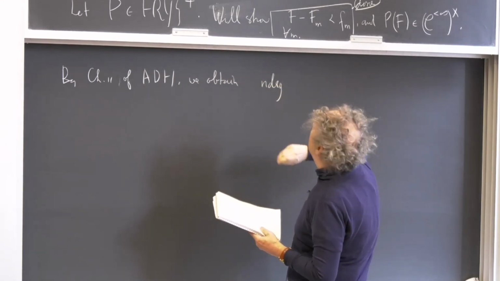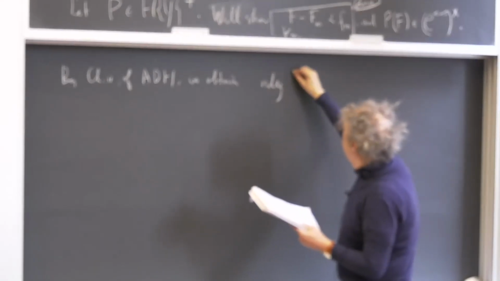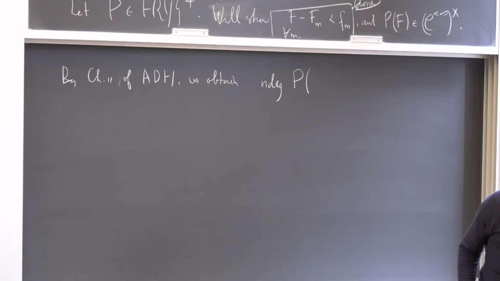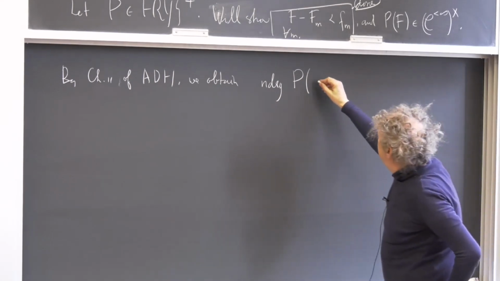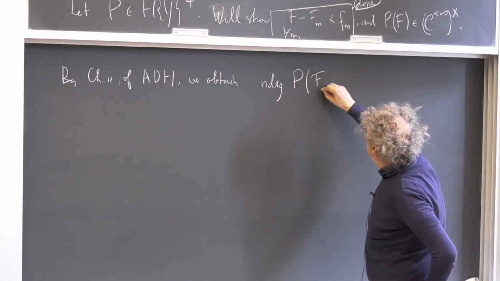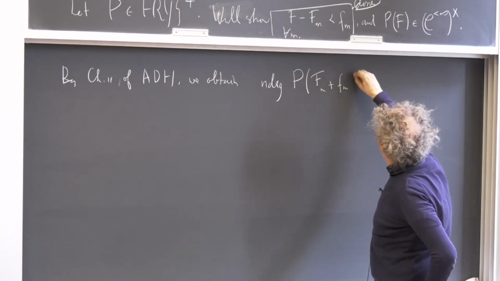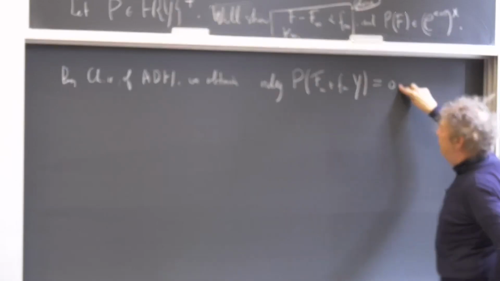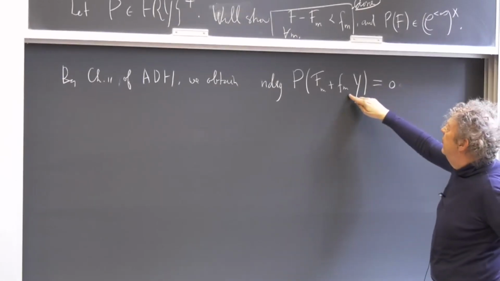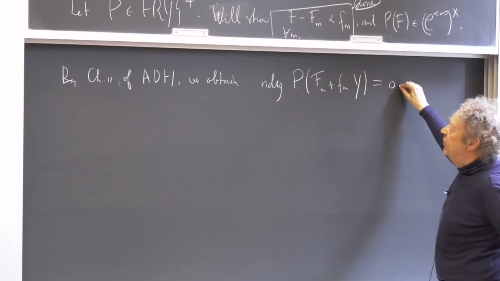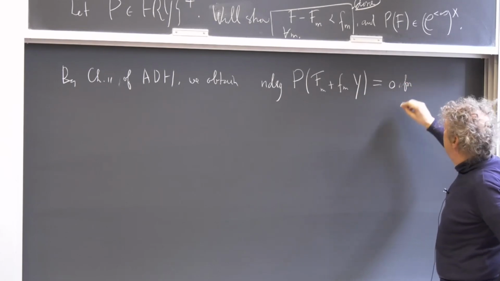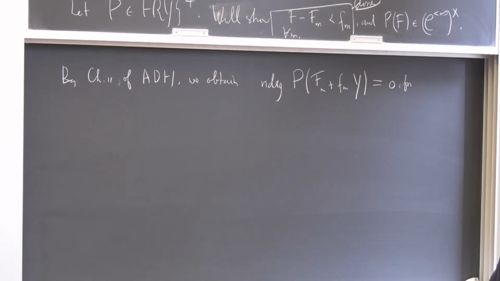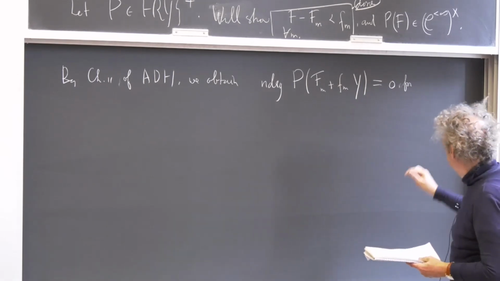So here we really are using this Newton degree of P, but then a certain affine transform of it, namely F_m plus F_m y, is 0, for all sufficiently large m, for m big enough.